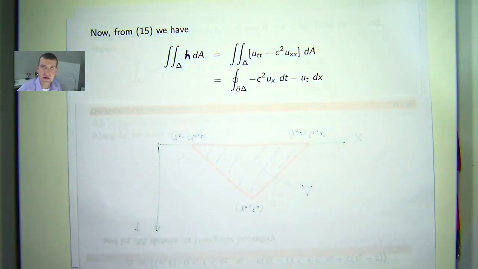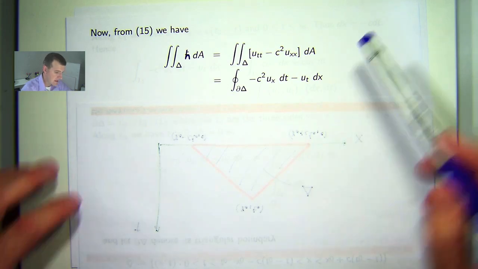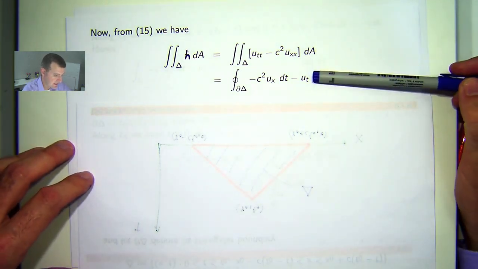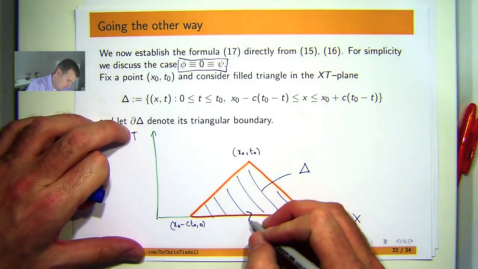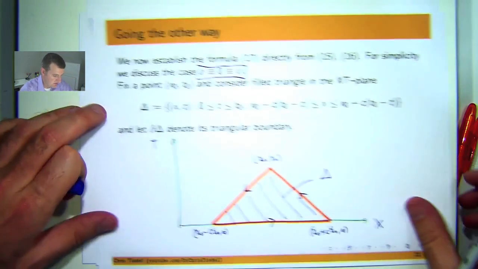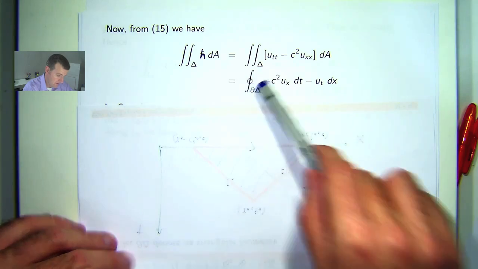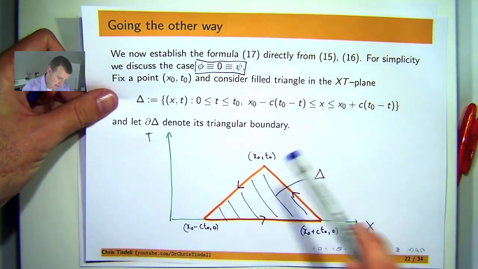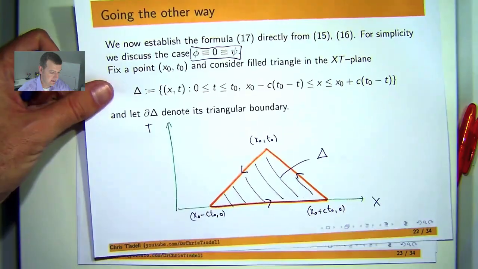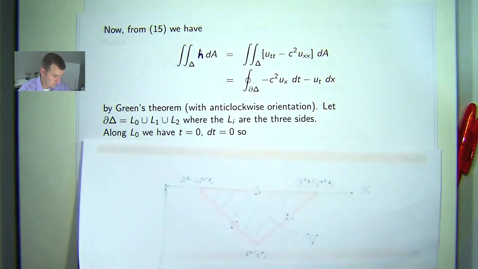So Green's theorem essentially relates, at least in the plane, in 2 dimensions, double integrals with line integrals over the boundary of the 2-dimensional region in question. Okay, so if we apply Green's theorem from here to here, we get the following, and essentially what we're doing is we're going to integrate this expression over this line segment, then this line segment, then this line segment, and add them all up. Okay, and that's going to be equal to this double integral.